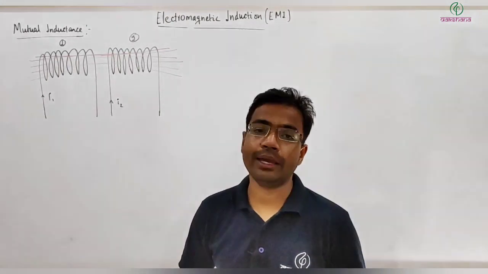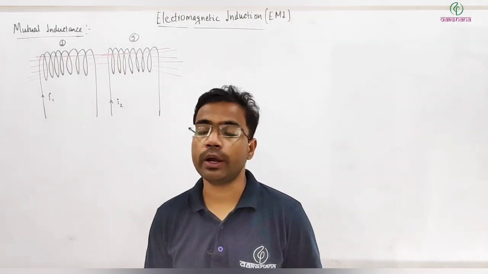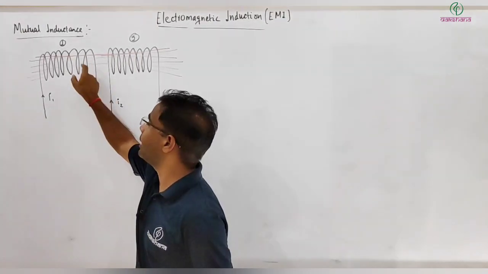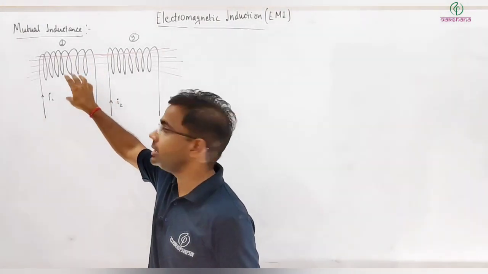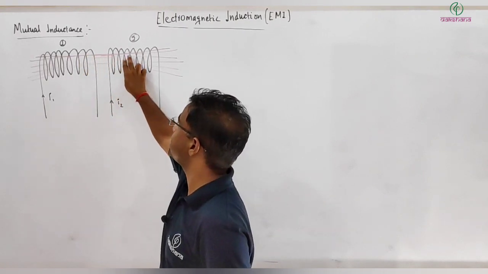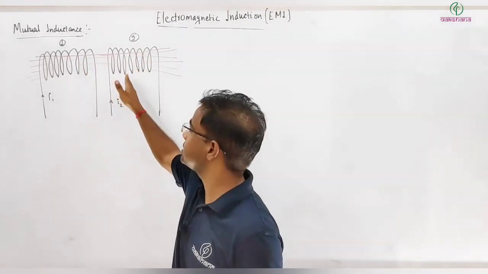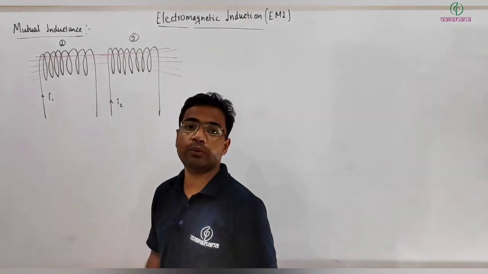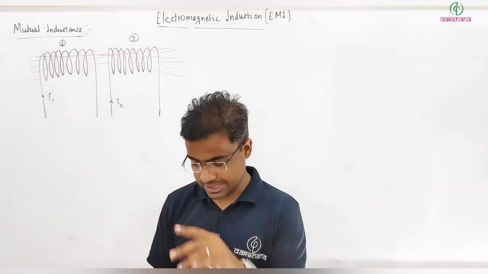Because if I am increasing the current in coil 1, more magnetic field lines will be there, and more magnetic field lines are passing through here, means more flux will be there in coil 2 due to current in coil 1, and vice versa.